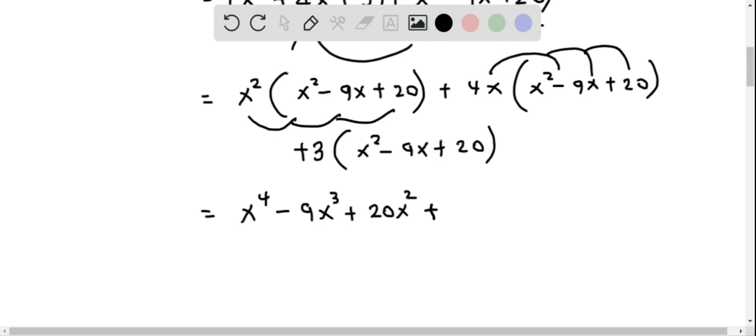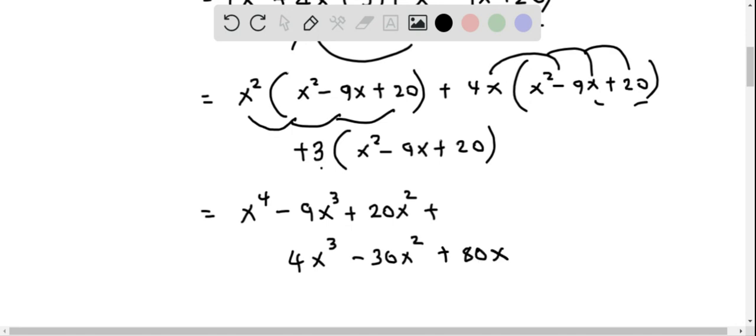So 4x times x squared is 4x cube. I'm going to write below this x cube term, and 4x times 9x is negative 36x squared. So I write down below this x squared term, and 4x times 20 is 80x. So I write down it here, 80x.